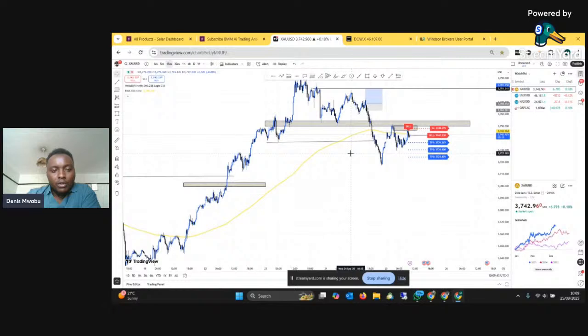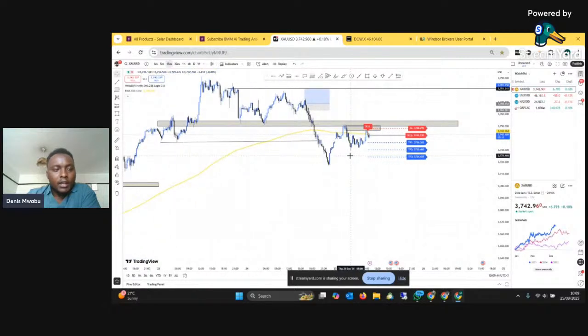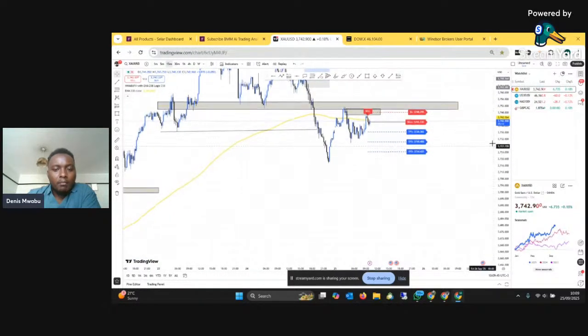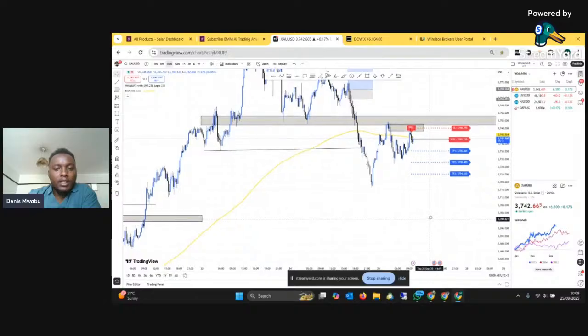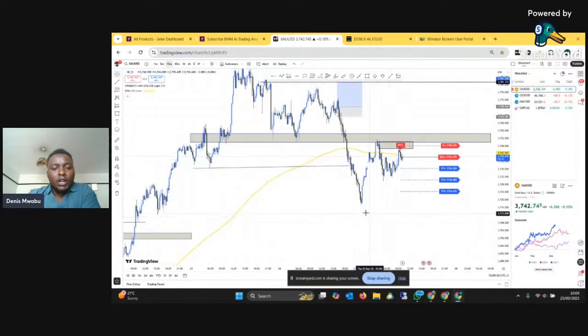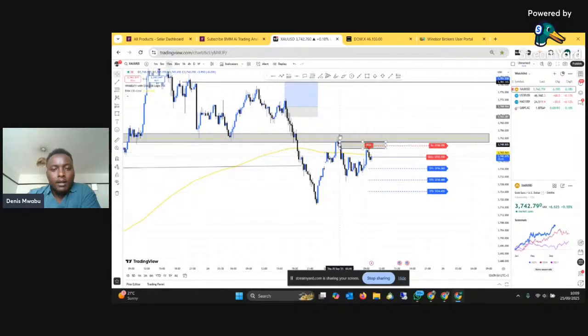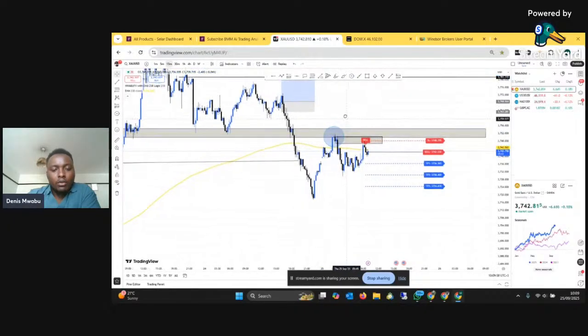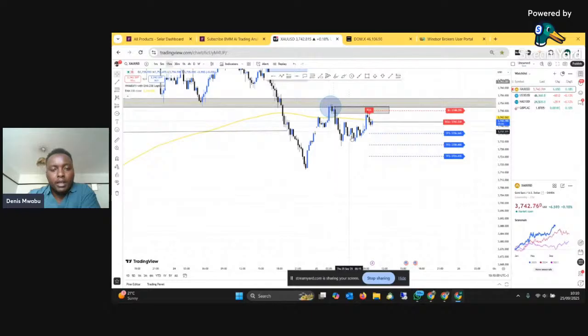So when we say we are buying gold there, I don't think I agree with the buys, but I am inclined towards the sells, because you can see we had a break and a retest of this area. After the retest, price came back and is refusing to form any other high.